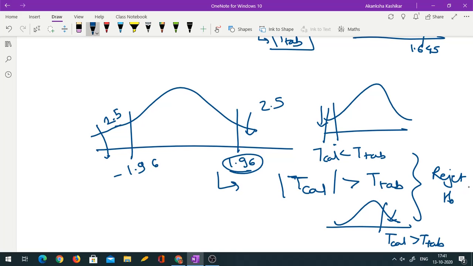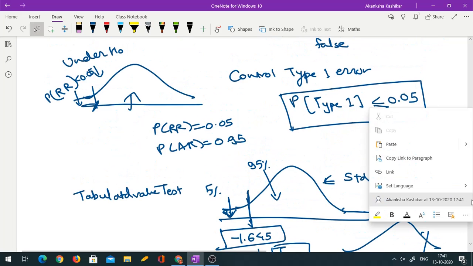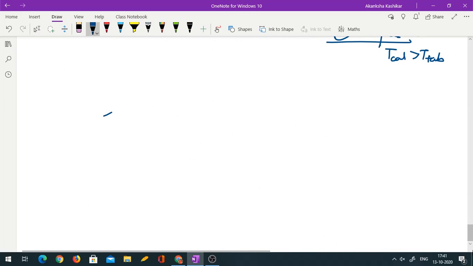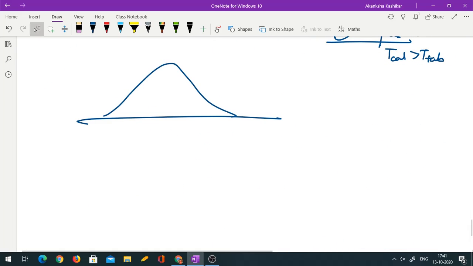And now this tells me how it is related to p-values. So how is it related to p-values? If this is my threshold or tabulated value, and my calculated value is here somewhere, so I am going to reject if this is my rejection region.